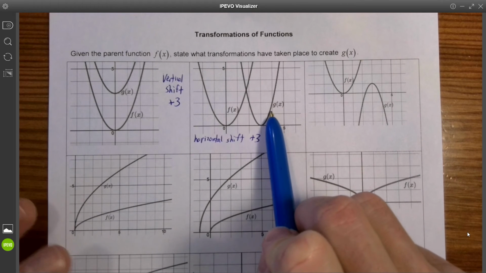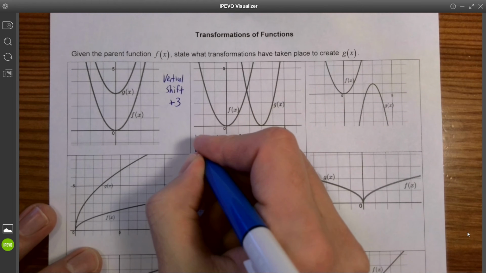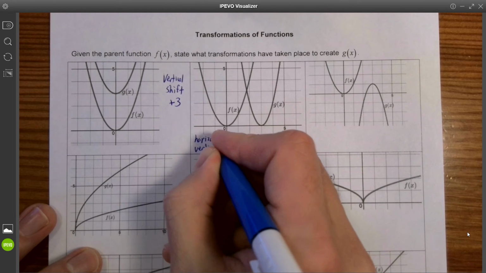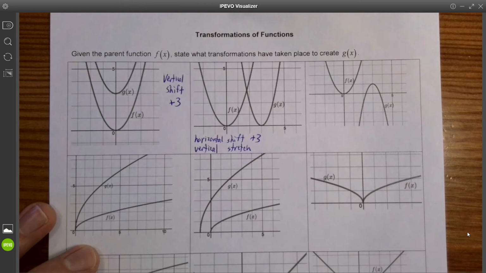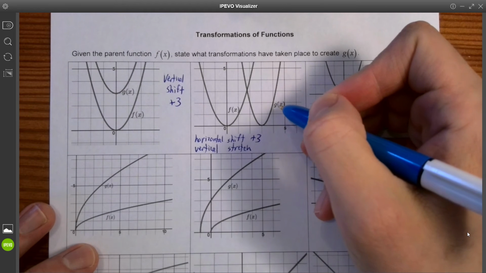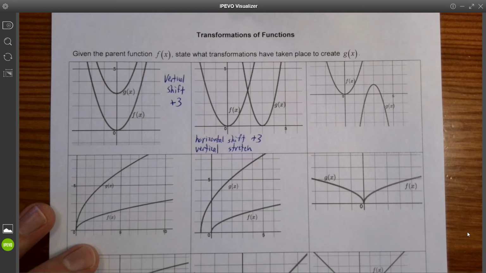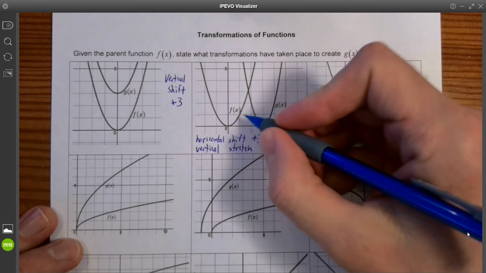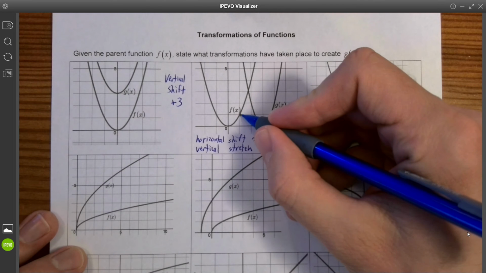And I'm going to go ahead and say that it's skinnier. So I'm going to call this a vertical stretch. And this vertical stretch is, well, I don't know. Let's see what the stretch factor would be. Okay, so I'm going to grab a pencil and I'm going to just point at a point. Here's a coordinate on the original parent function, and it was at 1, 1.